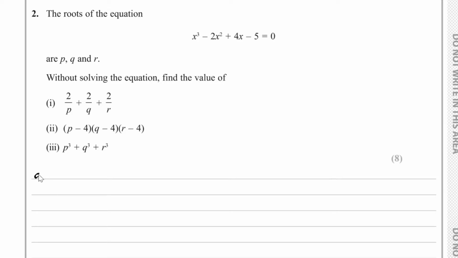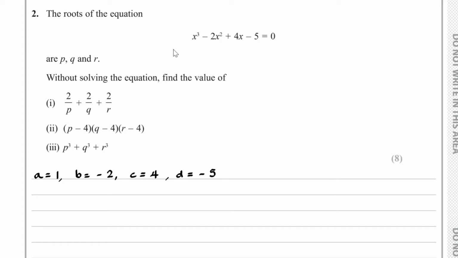Clearly, a is equal to 1, b is equal to minus 2, c is equal to 4, d is equal to minus 5.